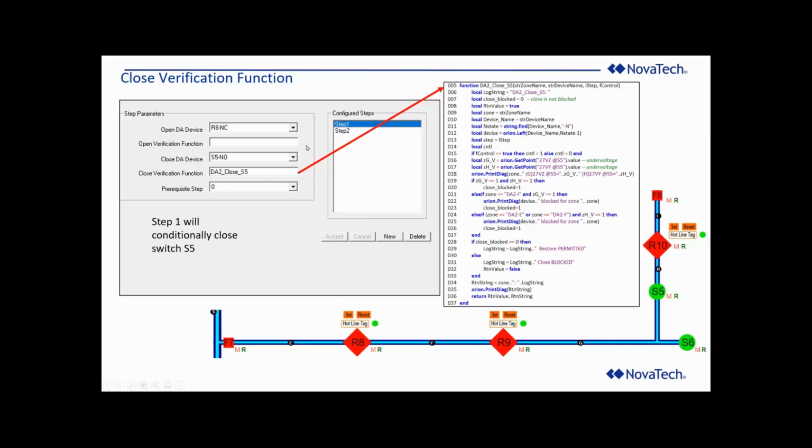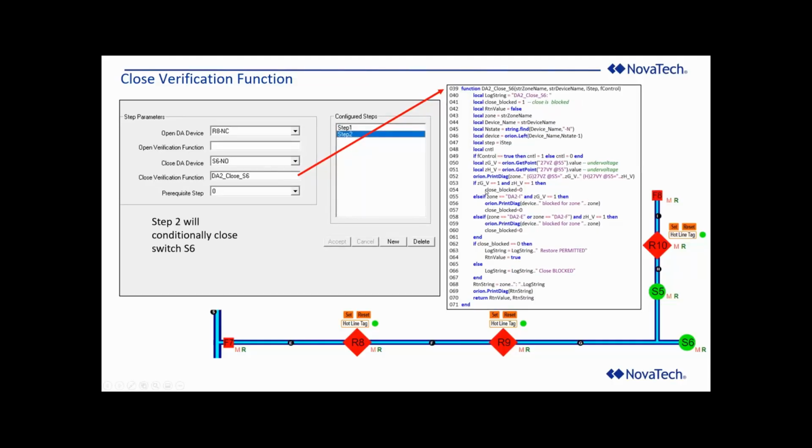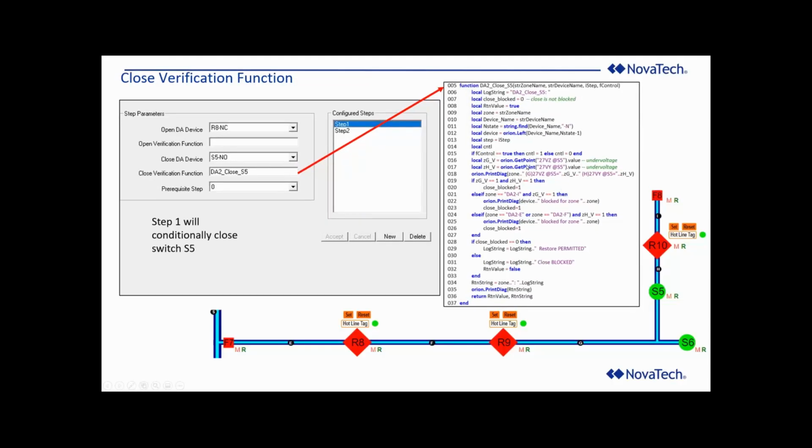So when it gets down into the zone steps and it says execute DA2 close 5, it is looking at the logic that is coded in, right in this section here, that says look at the voltage in zone G and zone H and see if there's voltage on the other side, and if there is, then go down through here and say, okay, there's voltage on the other side, permit that device to operate, and it sends back a true from this logic.